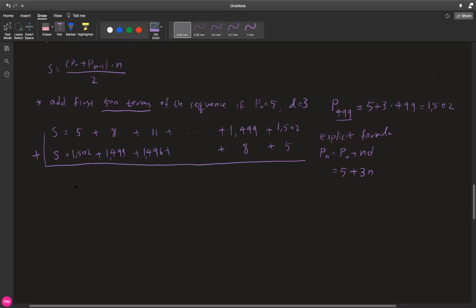We're simply adding column-wise. So if you're adding by column, you get 2s here, and we know that 5 plus 1502 is 1507, and we can also check that 8 plus 1499 is also 1507, and this is also 1507, and you're going all the way to here, which is also 1507, and lastly, this is also 1507.